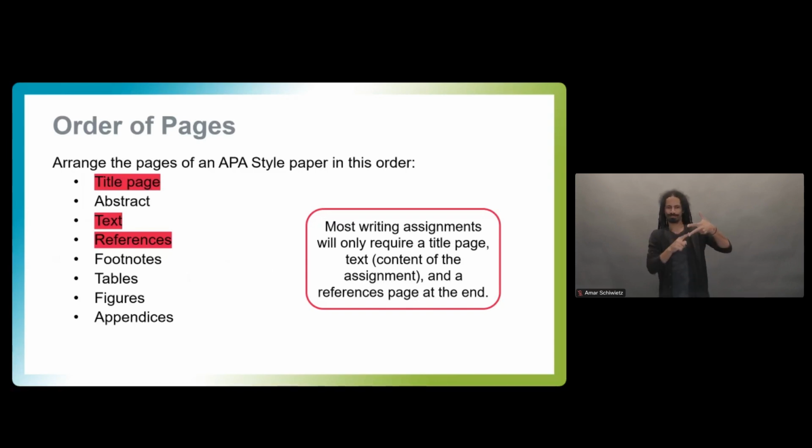But you may get in a situation where an instructor requires additional pieces such as footnotes, tables, this would be like the list of tables at the end, the list of figures at the end, or appendices as well. I do see assignments with appendices, figures, and tables. That happens. So if you have some of these elements, this is the order in which you should put them. But as I said, usually it's just title page, text, and references.